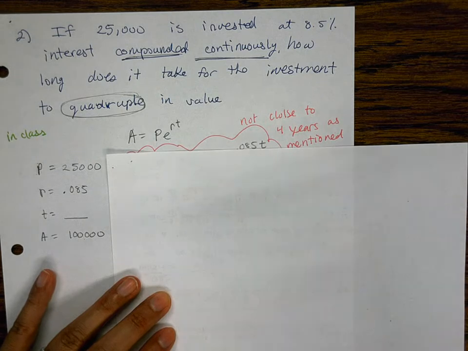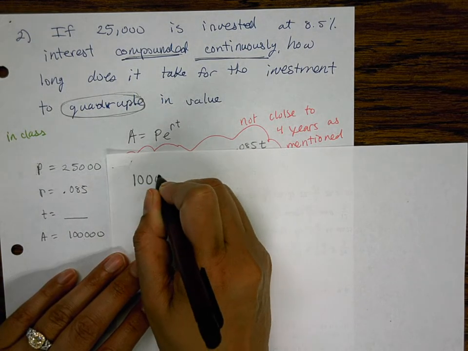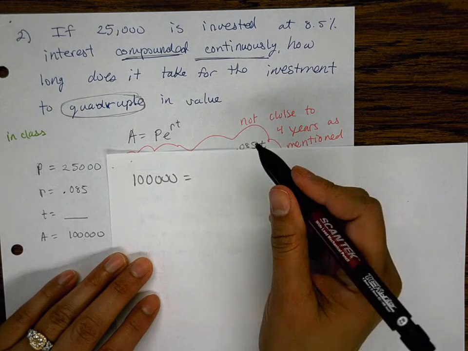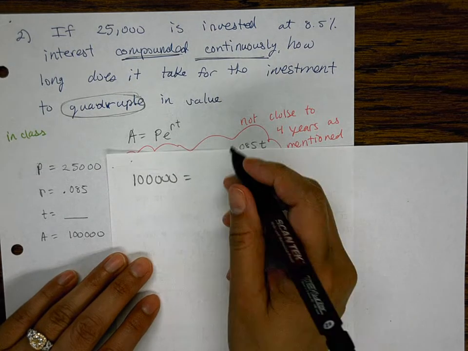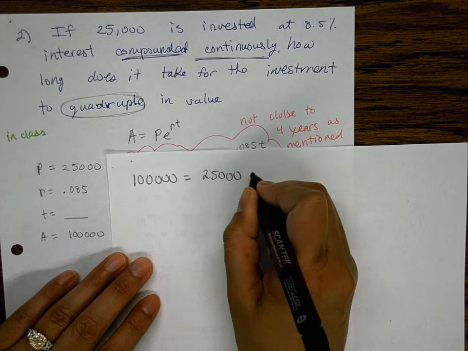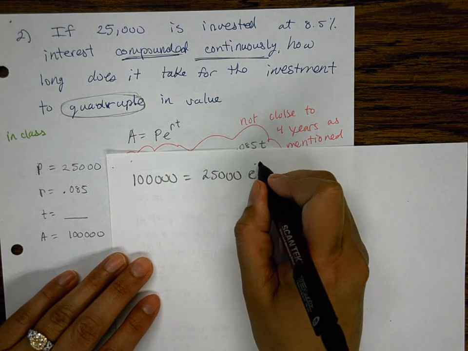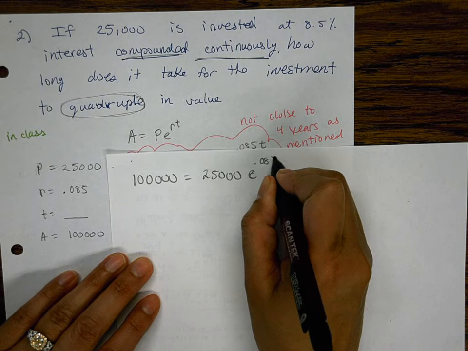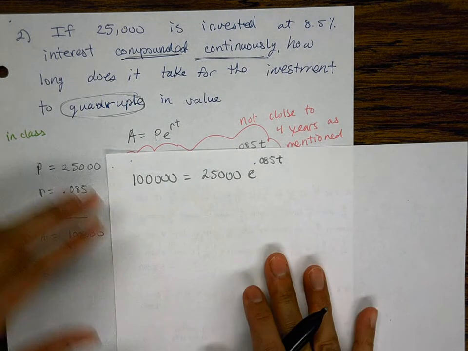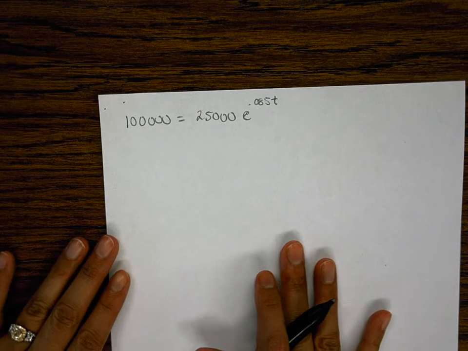So we're going to plug everything in. 100,000 equals P, which is 25,000, e, which is always just e, r is 0.085, and t is what we are looking for. And now we are going to solve.